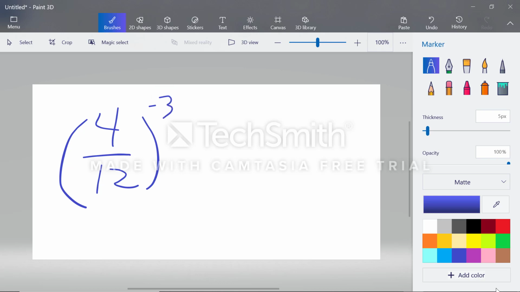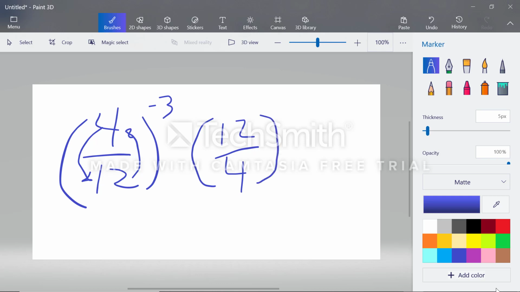So the same thing, your numerator and denominator are going to be flipped. They're going to become the reciprocal due to the fact that this is negative. This is now going to be 12 over 4 to the third power, okay?